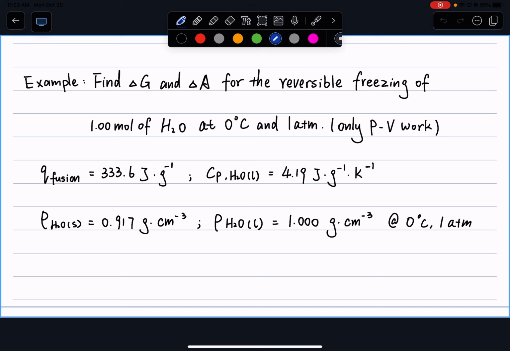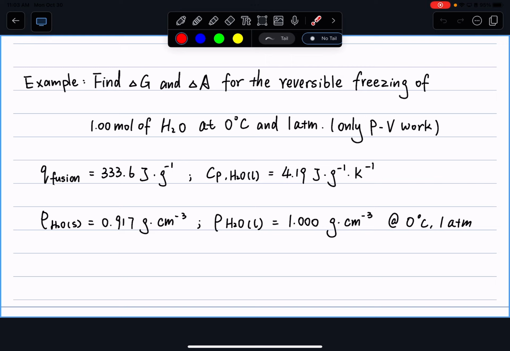Let's just read it together. The question asks you to find delta G and delta A for the reversible freezing of 1 mole of water at 0 degrees Celsius and 1 atm. So basically it's at equilibrium at that 0 degrees Celsius for water freezing. And we're considering only PV work being done in the process.